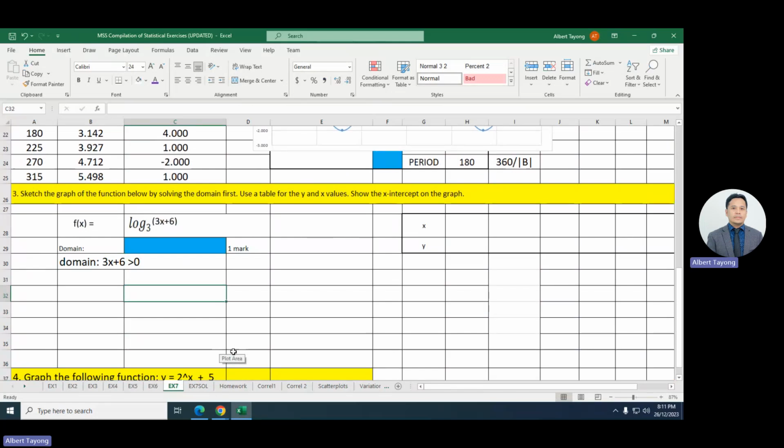Log negative is an error. So 3x plus 6 should be greater than 0. Okay, so 3x greater than, transfer 6. What will happen to 6? Then divide by what? So 3x over 3 greater than negative 6 over 3. X is greater than negative 2. Okay, this is how to find the domain.